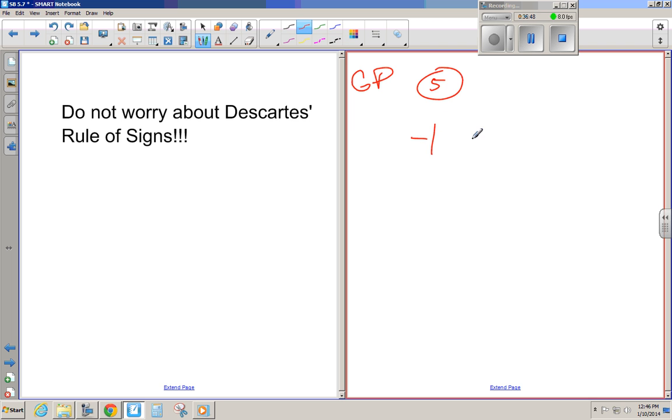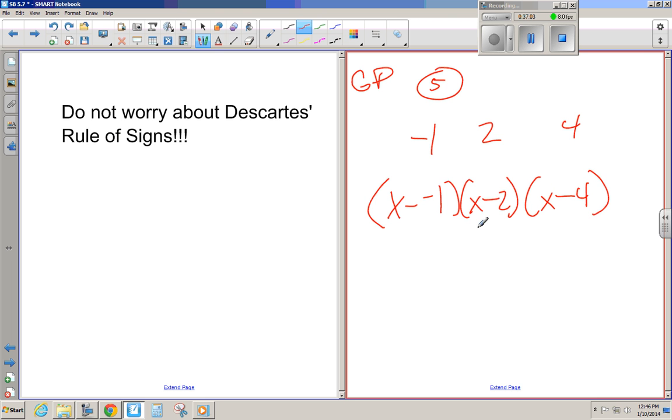So if you have negative 1, 2, and 4 as your zeros, to write the equation, it's x minus negative 1, x minus 2, and x minus 4. And now it's a matter of foiling. x squared minus 6x plus 8.